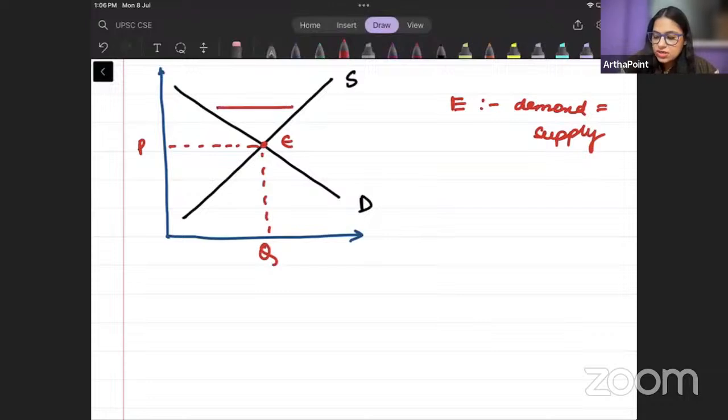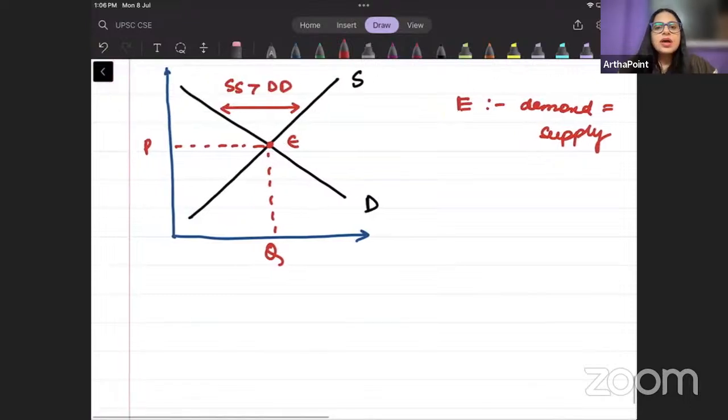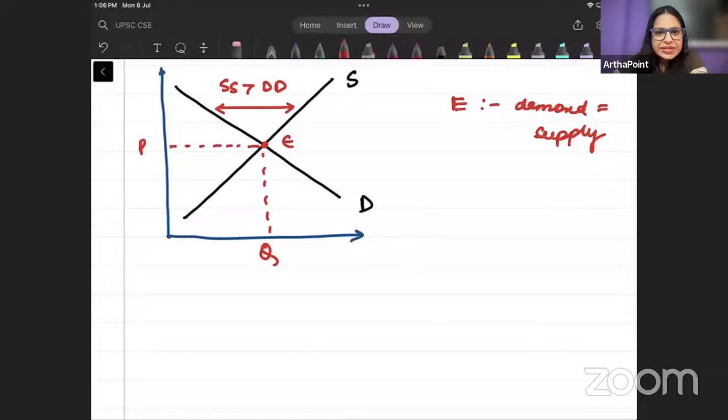If you notice here, you will realize that supply is more than demand. Whenever we write the function, we always write it as the difference between demand and supply, and that is called my excess demand function. So ED represents demand minus supply.